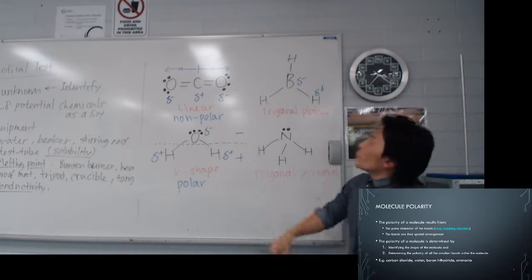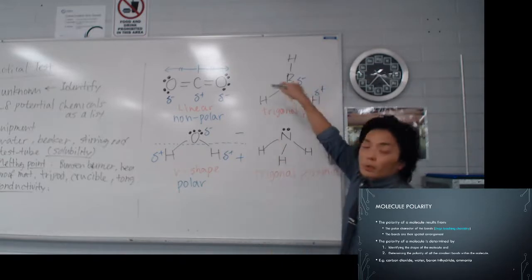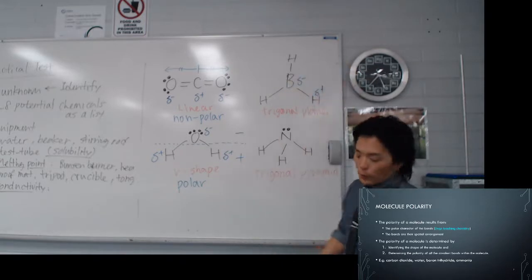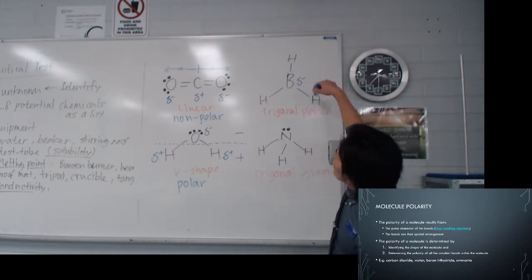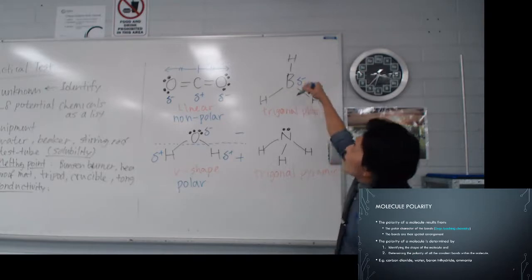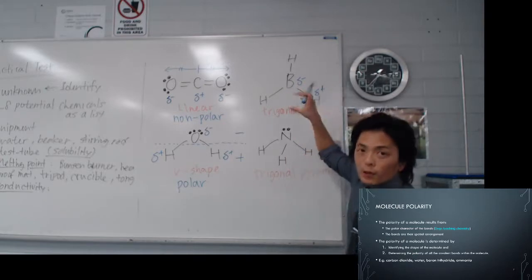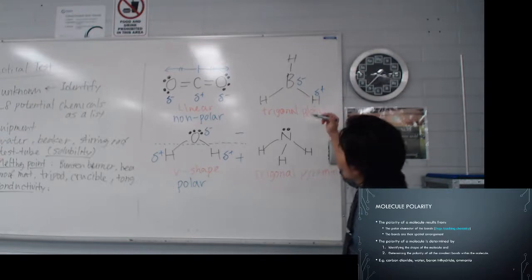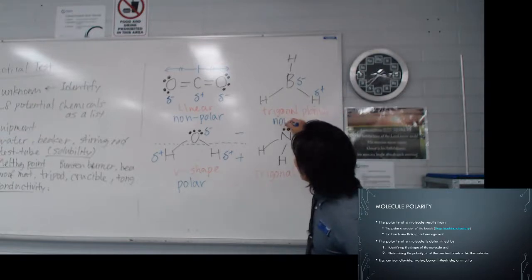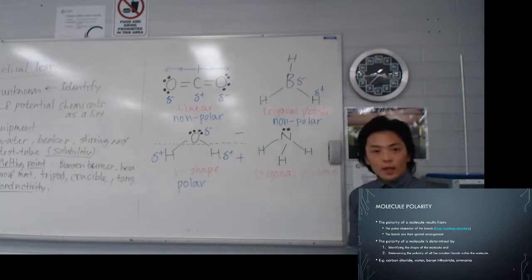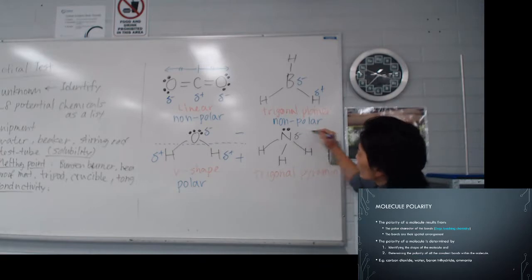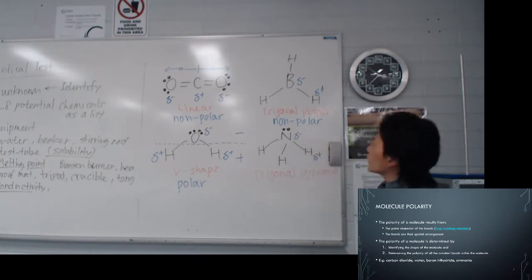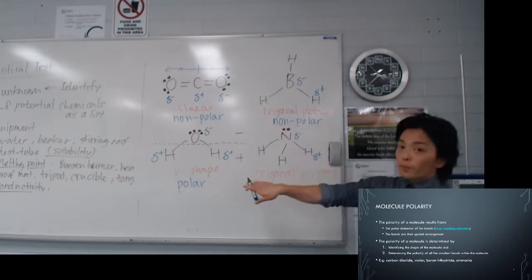In all three bonds there, boron is going to be delta negative and hydrogen delta positive, and in this case, the electrons in this molecule would be pulled towards the center with the same force. That's why this is also non-polar. What do you think of nitrogen and hydrogen? Nitrogen would be delta negative, hydrogen delta positive in each bond.